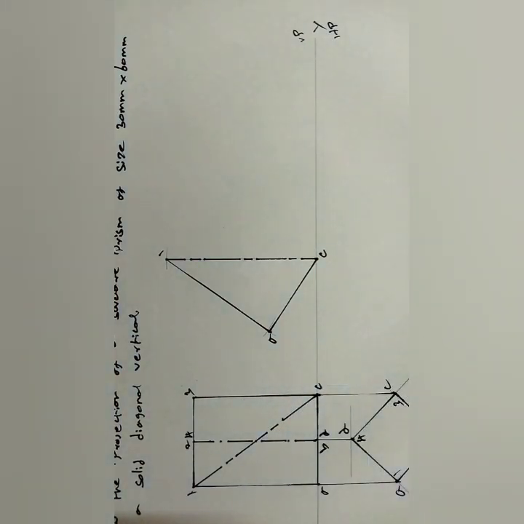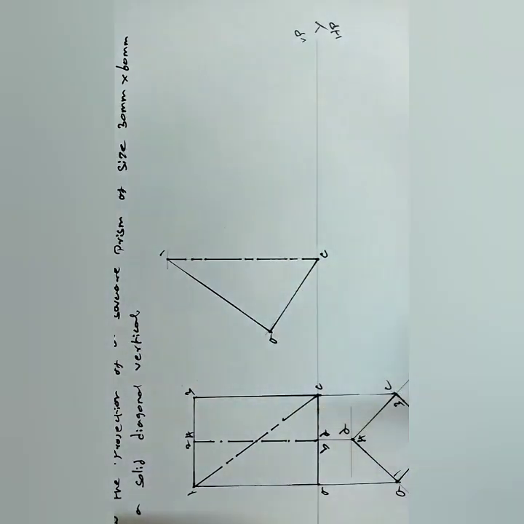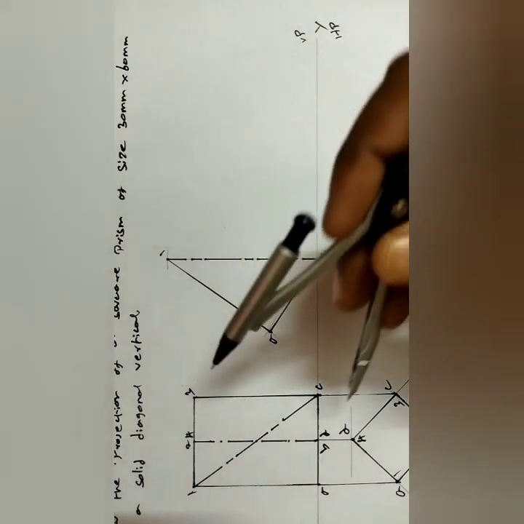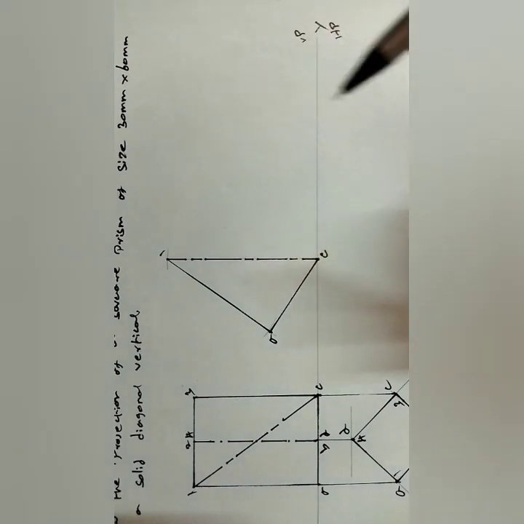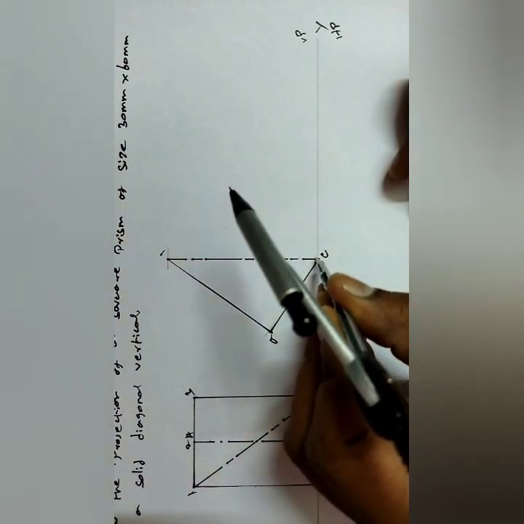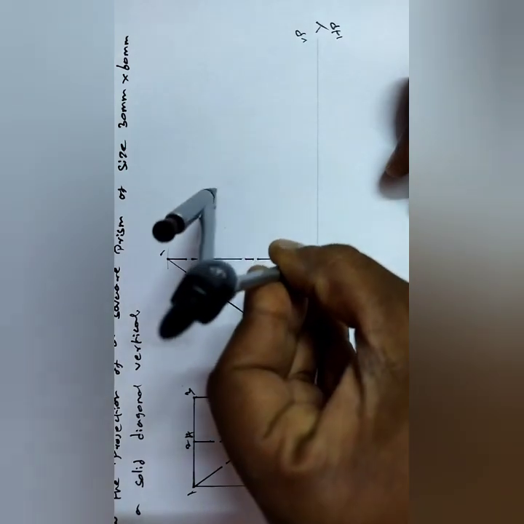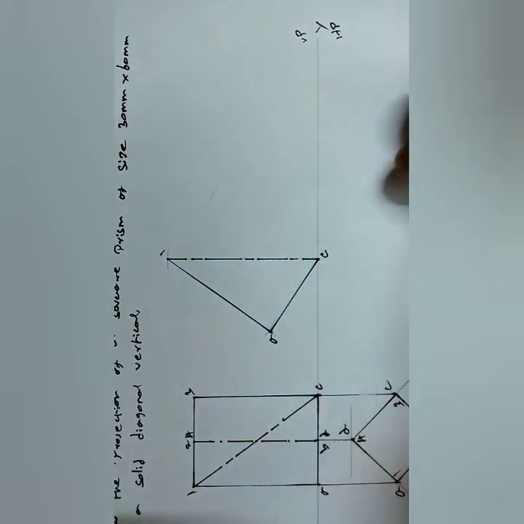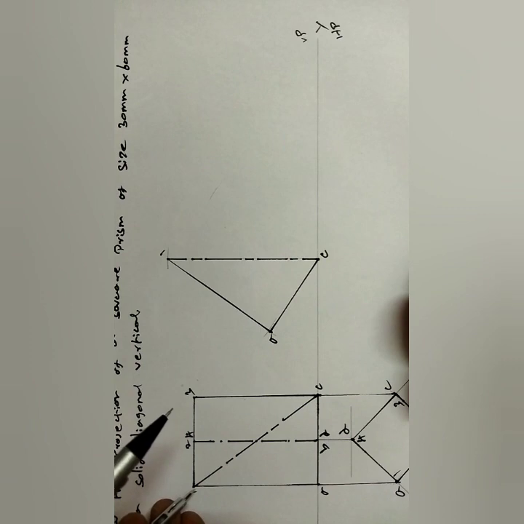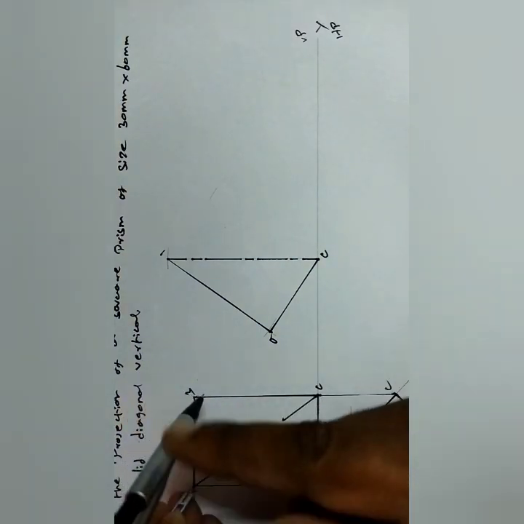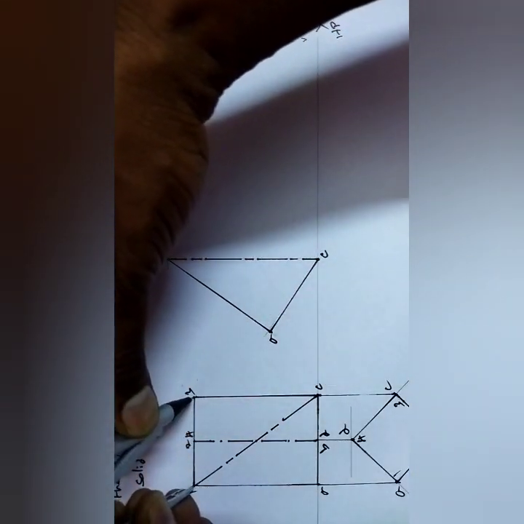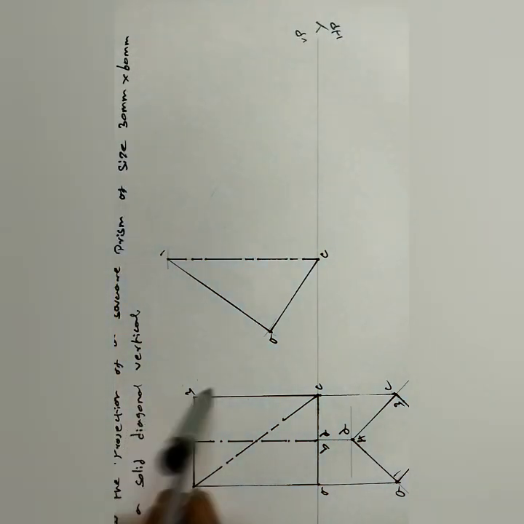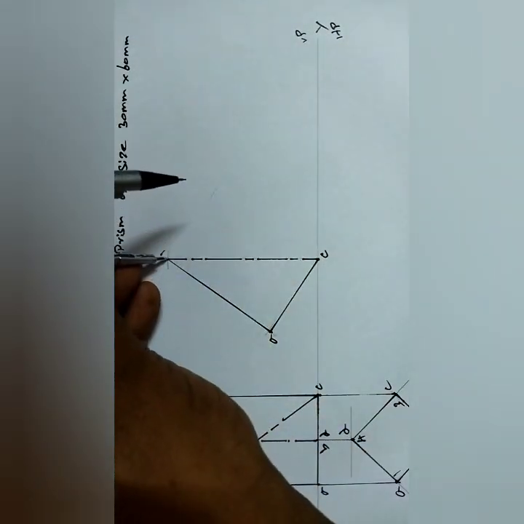Then the next point is the third point. Measure the distance C to 3 and cut the arc from C. Then, to fix point 3, measure the distance 1 to 3 and cut the arc from 1.